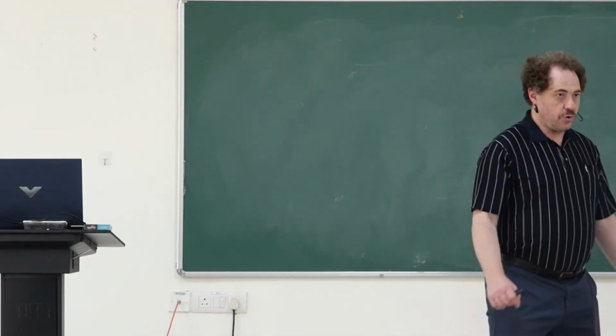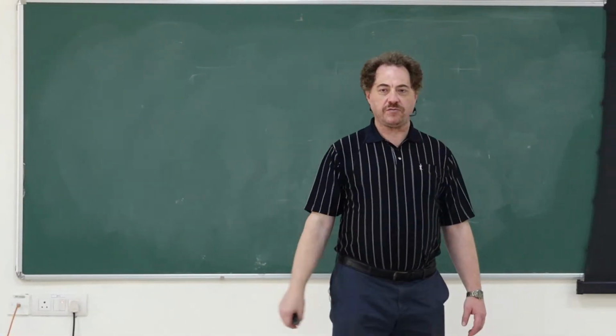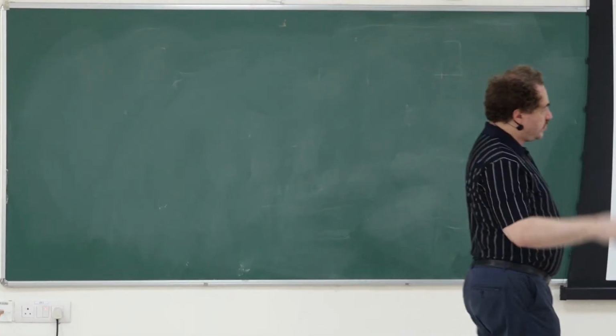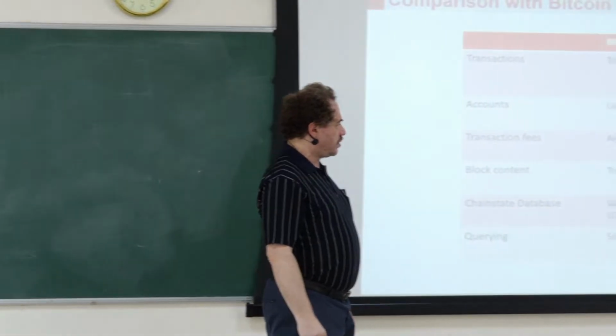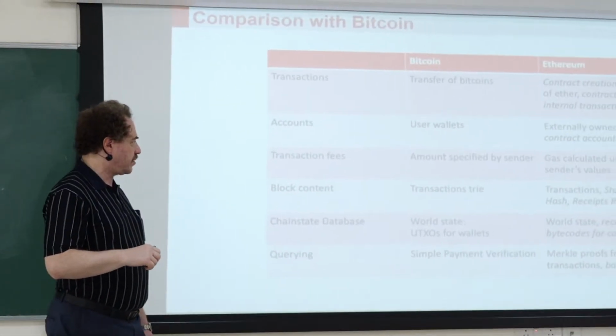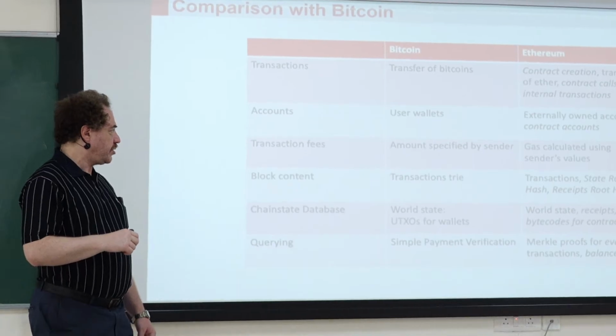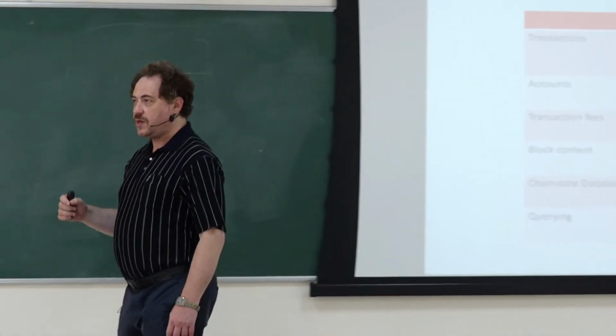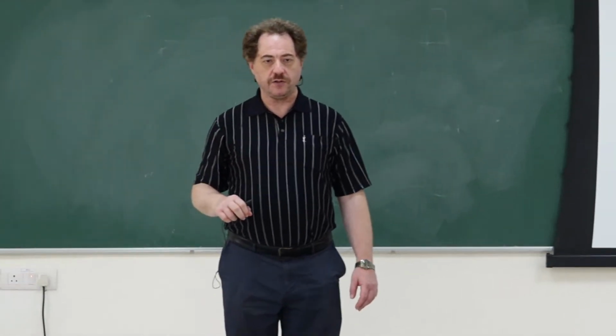Okay, so coming back to the question of the fees. In Ethereum, the fees are not specified by the sender. Essentially there is no need for fees because the payment is for the execution of the transaction.